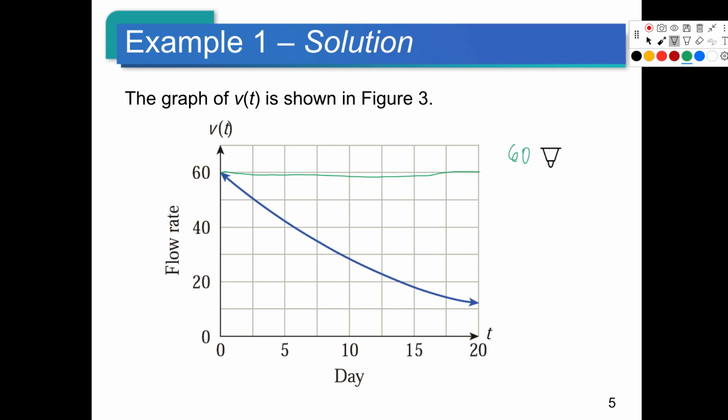We take our 60,000 times 20, and that's 12 with 2 zeros behind it. And those are thousands of barrels over 20 days.